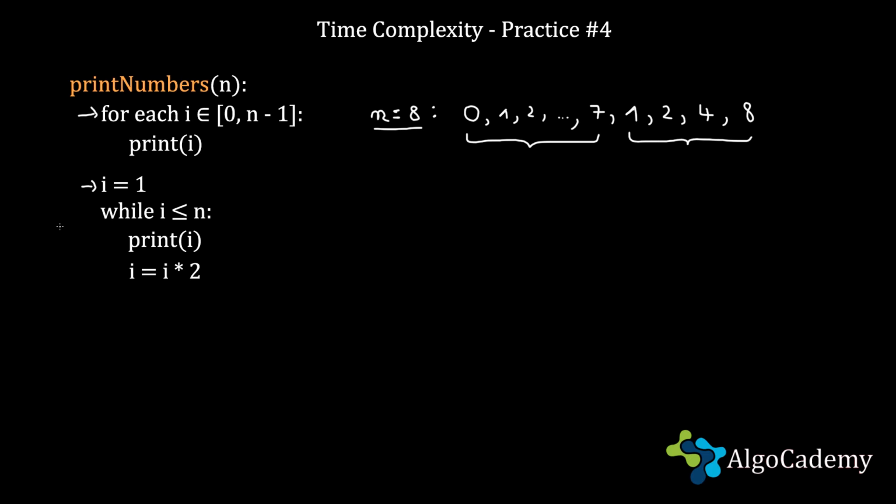So this is the first step that we always do when trying to compute the time complexity of some algorithm. We see if there are multiple sub-algorithms that are basically independent of each other. So we obviously have a for loop here and the while loop here, but they are independent.